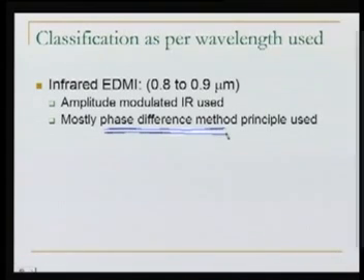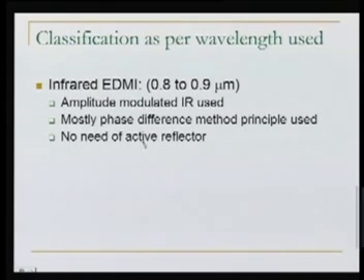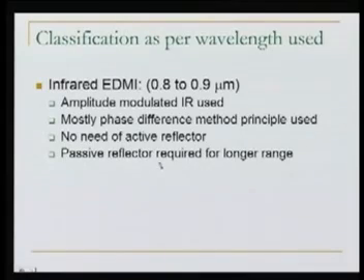We will talk about this method in a moment. What is the phase difference? Then we don't need an active reflector in this case. Rather we just need sometimes the passive reflectors. Passive means a set of prisms or simple wall or natural surfaces or any tree or anything, any naturally occurring surface can work as a reflector in this case. So for longer distances only we need the passive reflector.